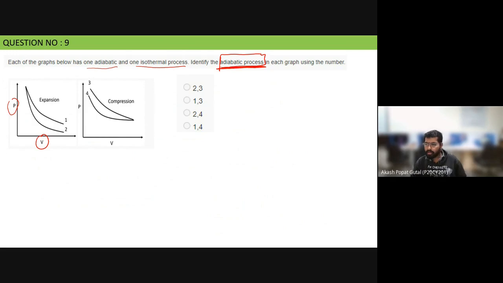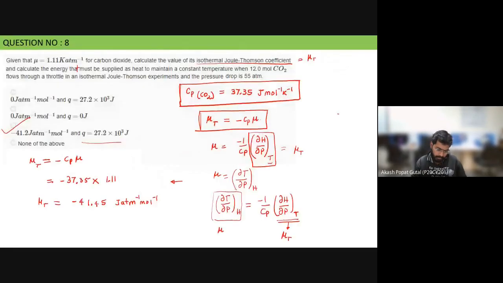So we need to identify which one is the adiabatic process. Answer, Ankita, are you telling about C answer? I think the last question, eighth question. Yeah, right. Yes.